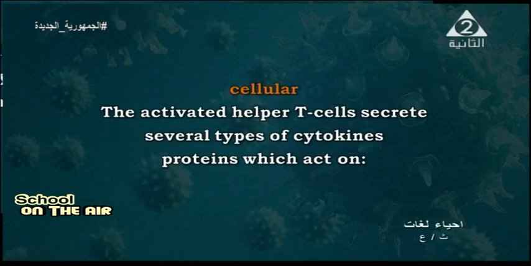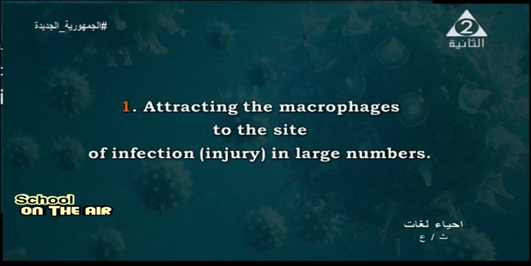What about the cellular? Activated T cells secrete several types of cytokines, proteins which act on attracting the macrophages to the site of infection in large numbers. Attracting means taking them from their place.